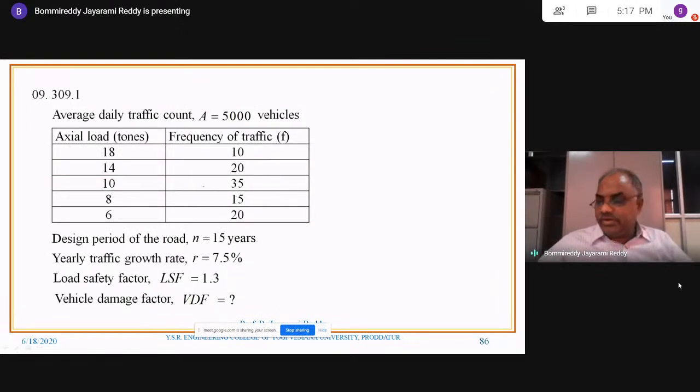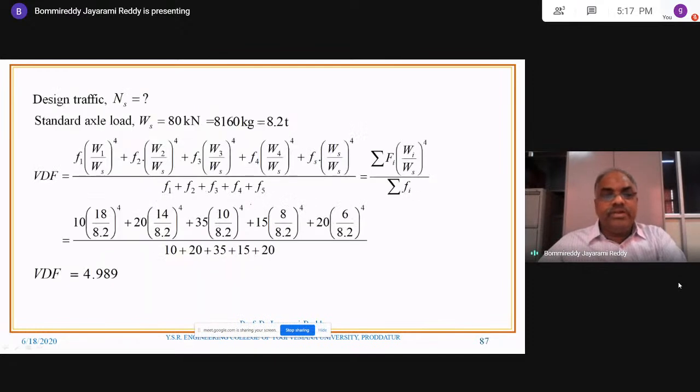First find out, this is the entire data given. What is the VDF value? The standard wheel load is 80 kilonewtons or 8.16 or otherwise 8.2 tons. You can consider any of these. So VDF is given earlier in the theory also.